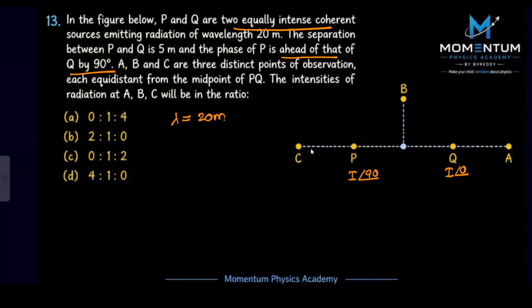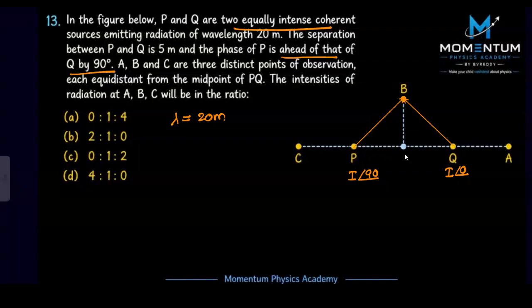Okay, so if we observe carefully, first of all, at the point B, can you tell me the path difference here? This thing, P to B and Q to B, are the distances the same or different? How much is the distance P to B?